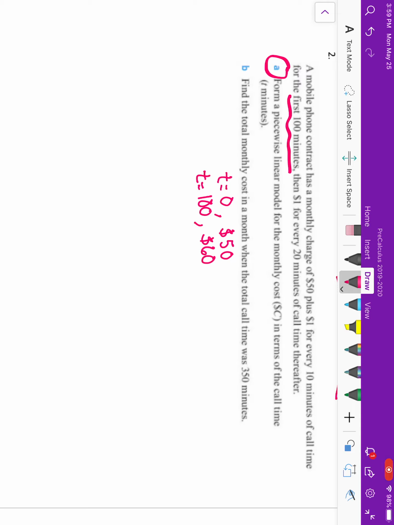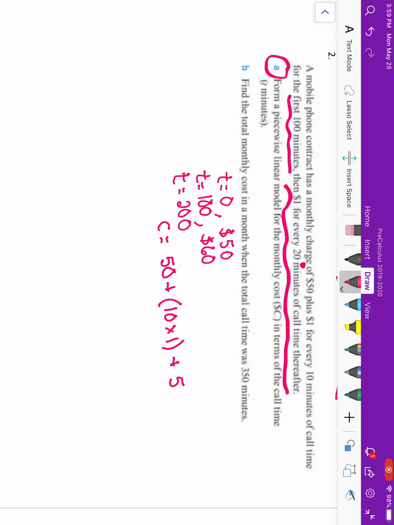The next thing we need to know is what happens after that amount of time. And so when we take, let's say t equals 200, for example, our cost would be the original $50 plus the 10 minutes times $1, all right, and then plus 5, because there are 5 groups of 20 to get to another 100: 20, 40, 60, 80, 100.